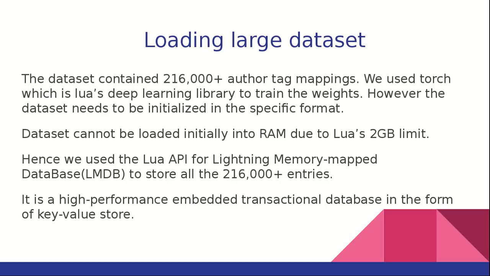The Lua API has a limit of 2 GB, which is why we couldn't load the whole thing into the RAM. So we had to use a Lightning memory map database, also known as LMDB, to store all the 216,000 entries. It's a high-performance embedded transactional database which stores the data in the form of key-value pairs.